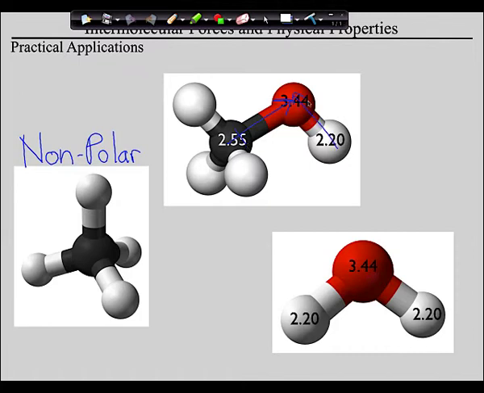Also towards the oxygen. Now guys, what about the bonds between the hydrogen and the carbon? Well, carbon's electronegativity is 2.2, so all of these are going to be moving in this direction.